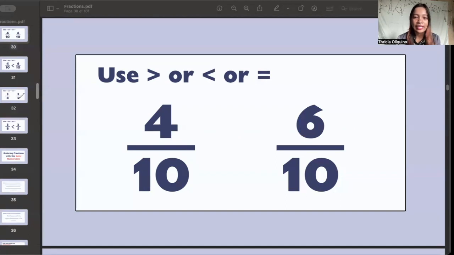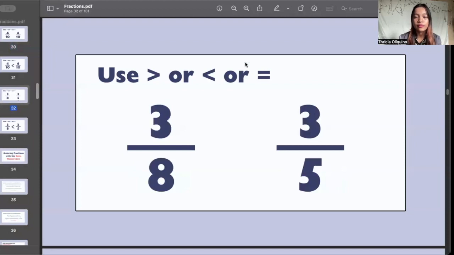Another one. Let's have our last example. So it's 3/8 and 3/5. Okay. You do it on your own and tell me what's your answer.